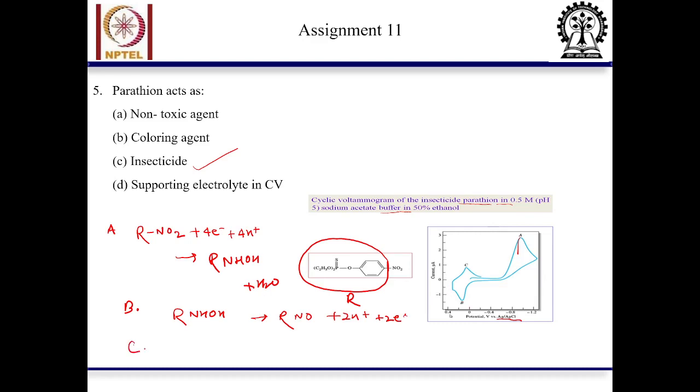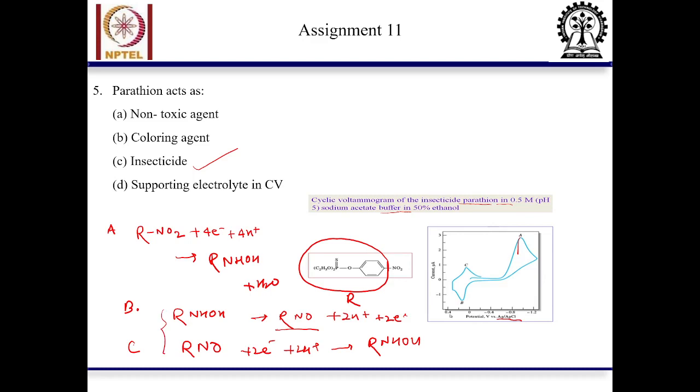The C that is coming is because RNO takes 2 electrons plus 2H plus and goes to RNHOH. Now if anyone asks how you can say that this RNHOH is reversible.